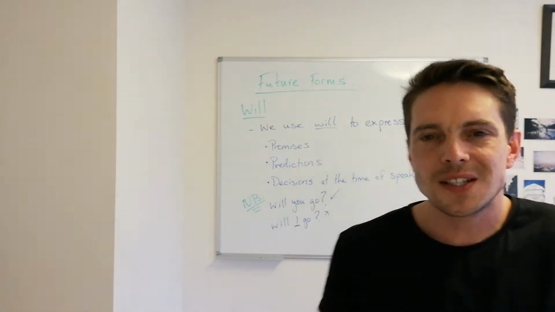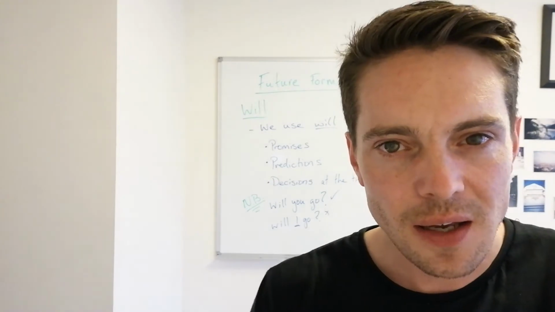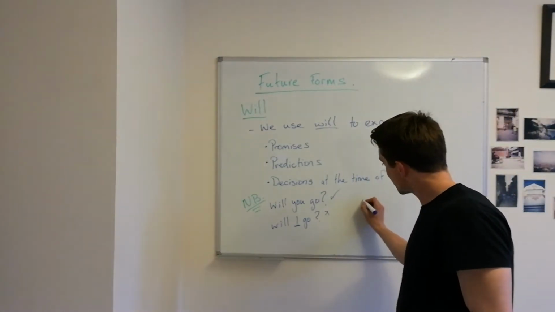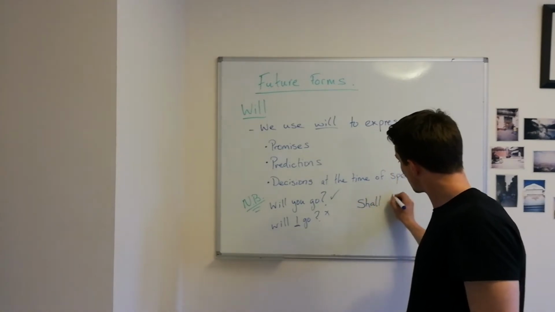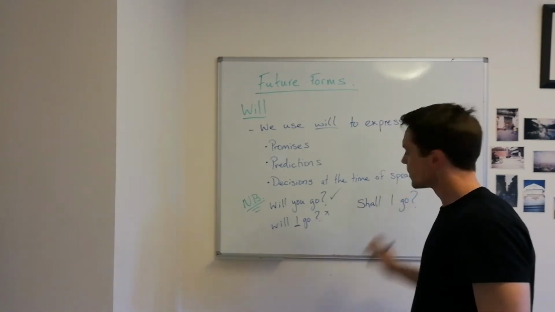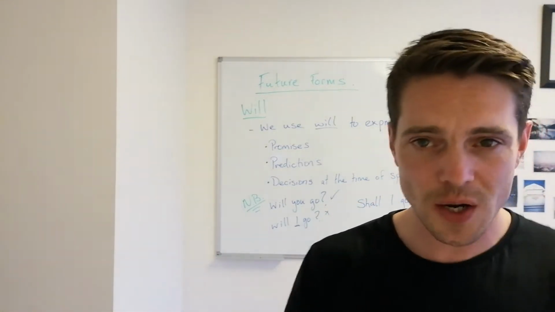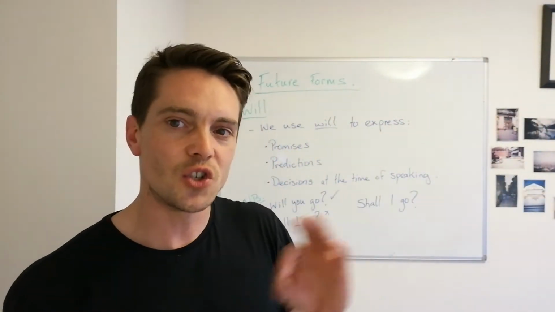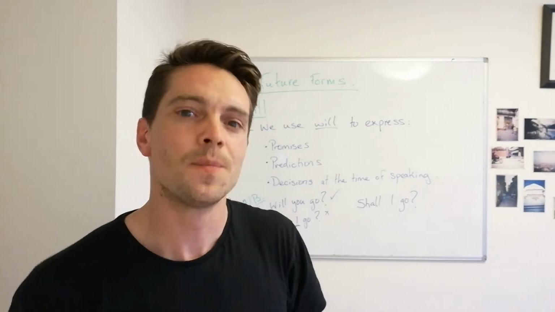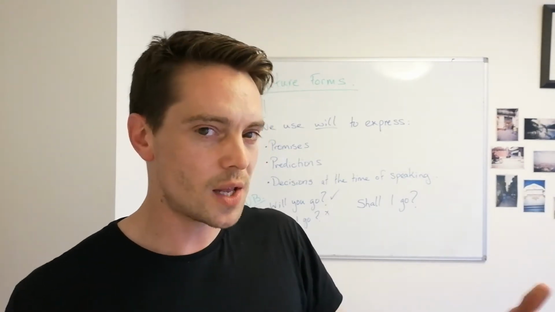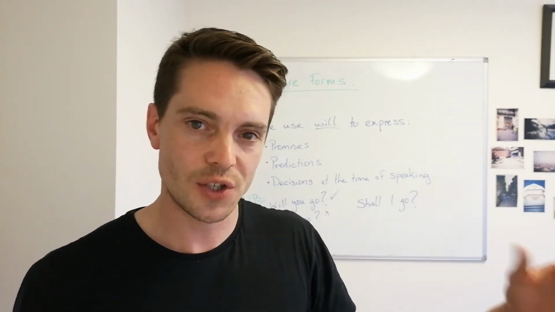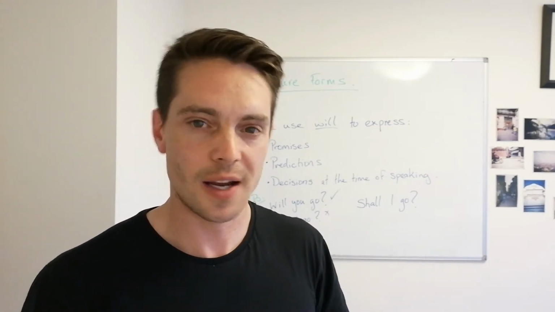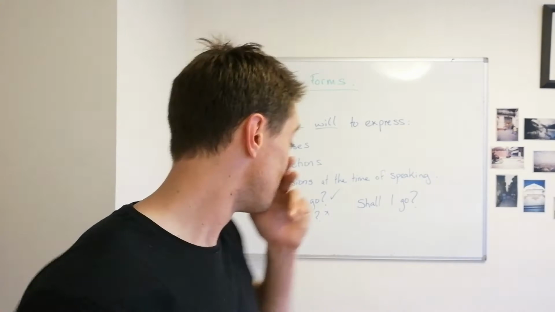So what do we do instead? Instead of saying, will I, we change the auxiliary verb. So you'd say, shall I go? So, again, if you want to make a question form using will, we change it to shall I for the first person. For the second person, we can say will you, will he, will she. Just the first one, we say shall I, not will I.